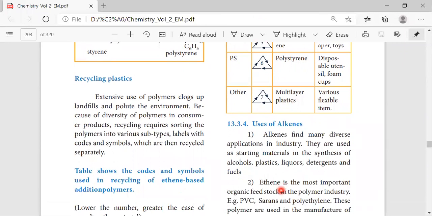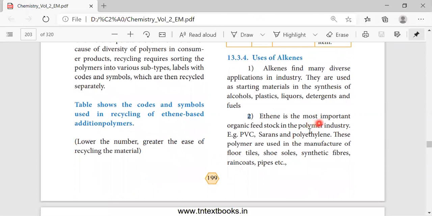Next, uses. Alkenes have major industrial applications for the preparation of alcohols, plastics, liquids, detergents, and then fuels. Then ethene is most important: PVC, and then polyethylene for general use, and also for tiles, shoe soles, synthetic fibers, raincoats, pipes.